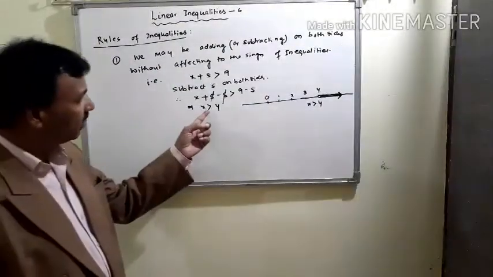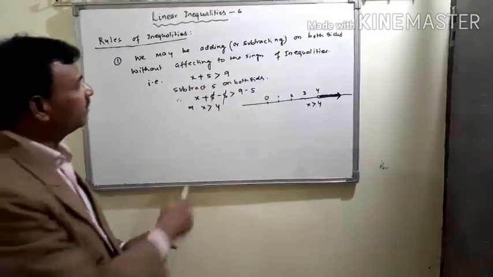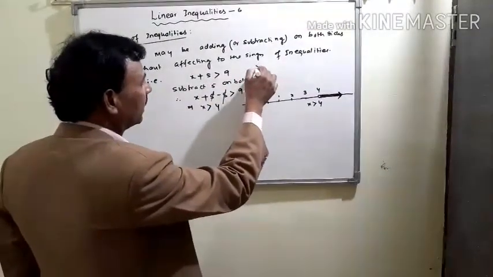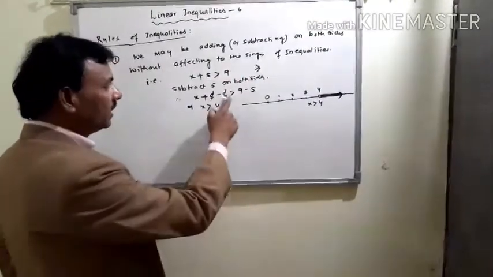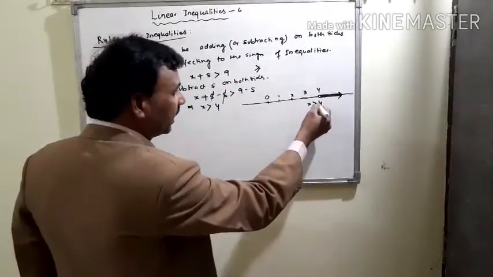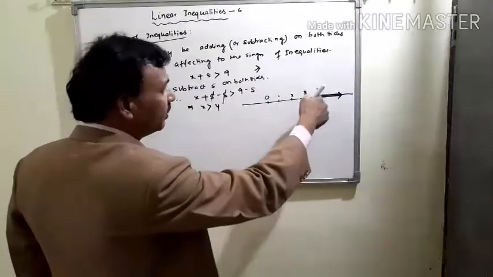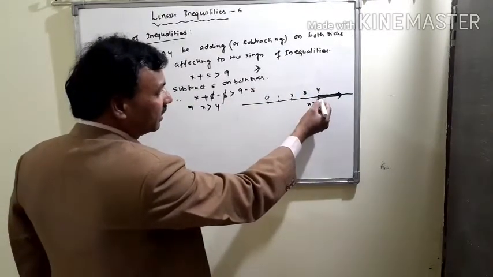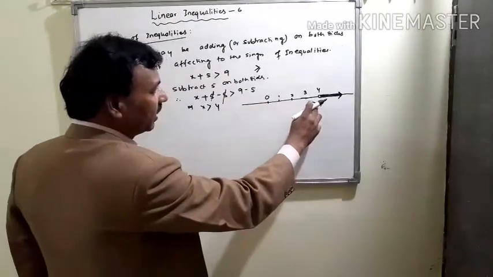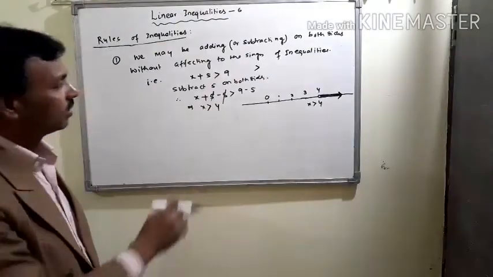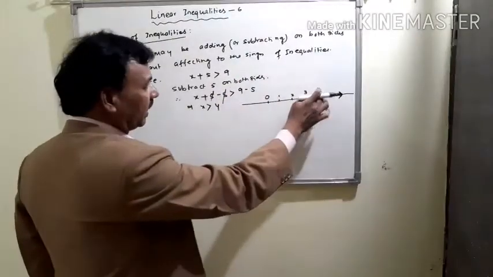If the sign were greater than or equal to, then 4 would be included, so we would darken the circle. But here the question says greater than 9, so the circle is open.